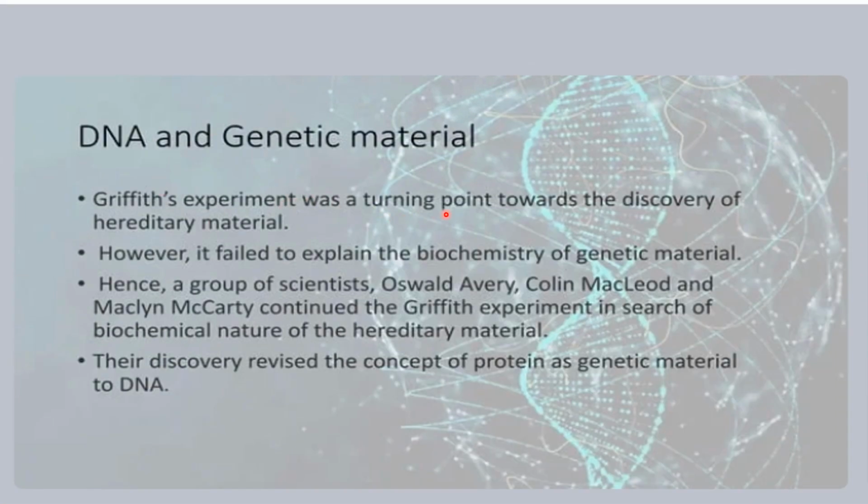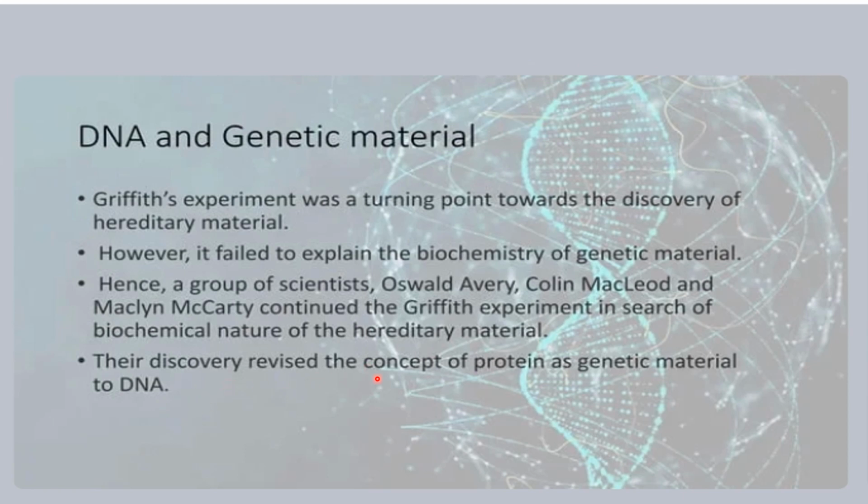Griffith's experiment was a great turning point towards the discovery of hereditary material. However, it fails to explain the biochemistry of that genetic material. This is a very important point: he failed to explain the biochemistry of that transforming principle. Later on, another group of scientists began to perform many experiments in order to search for the biochemical nature of that hereditary material.